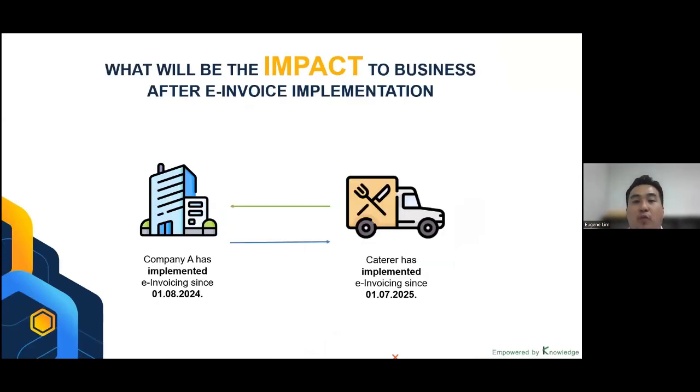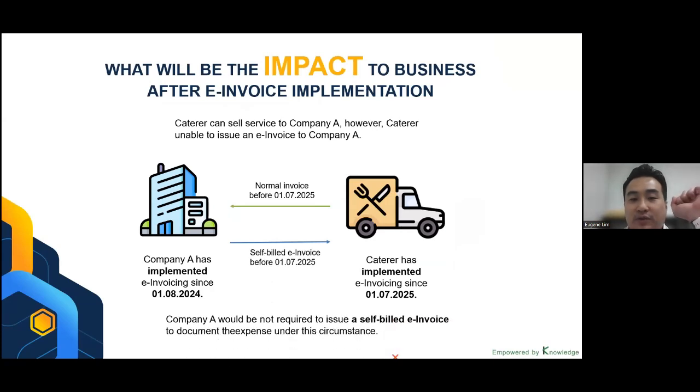So what will be the impact on the business after e-invoice implementation? This is the part for those doing business. In previous times, for example, SHOM implemented e-invoice on 1st of August 2024. You as an agent implement it on 1st July 2025.